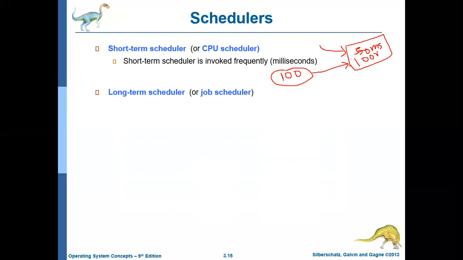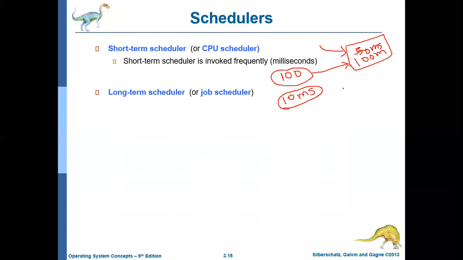Now let us say that it takes 10 milliseconds for the short-term scheduler to decide which process should be assigned to the processor next.